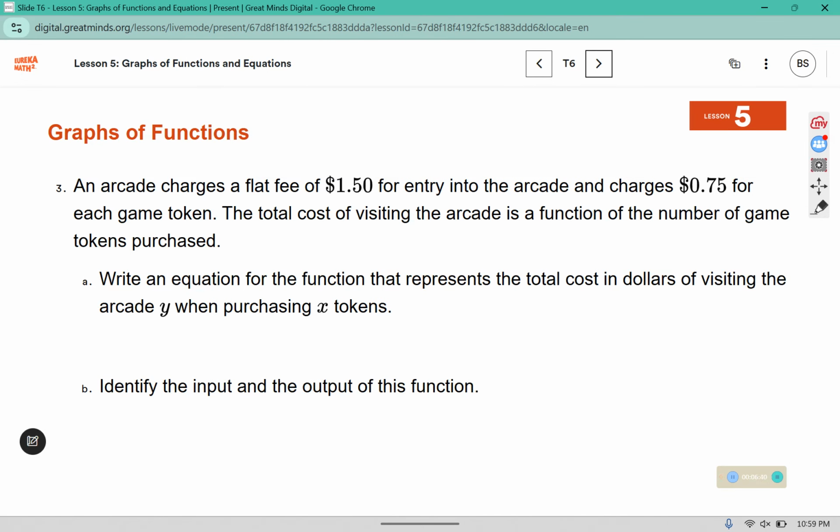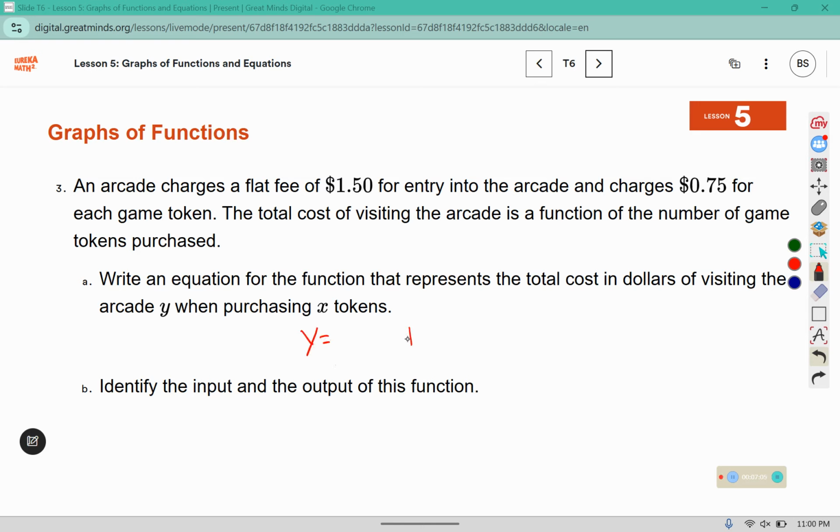An arcade charges a flat fee of $1.50 for entry into the arcade and charges 75 cents for each game token. The total cost of visiting the arcade is a function of the number of game tokens purchased. Write an equation for the function that represents the total cost in dollars of visiting the arcade, y, when purchasing x tokens.